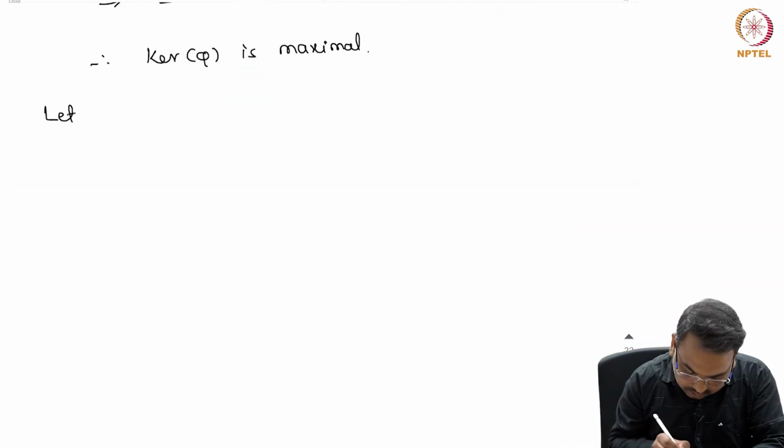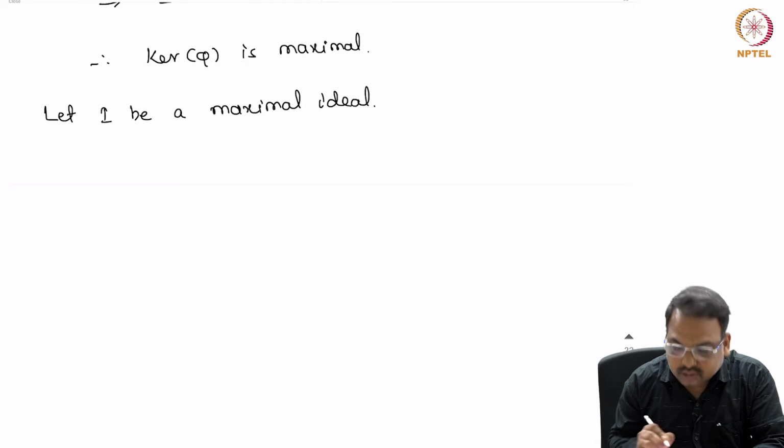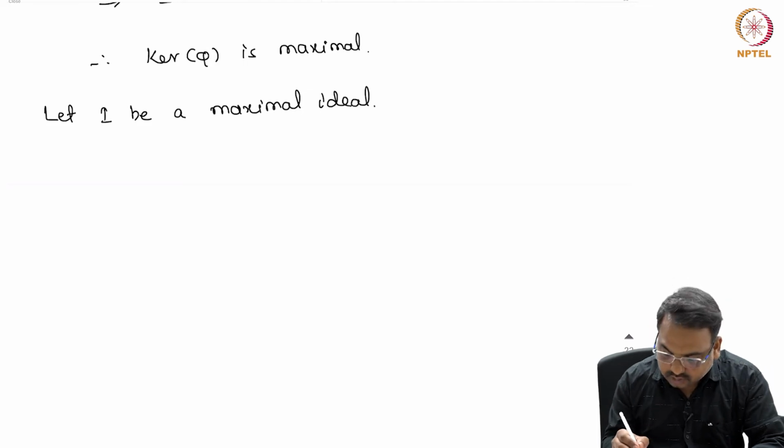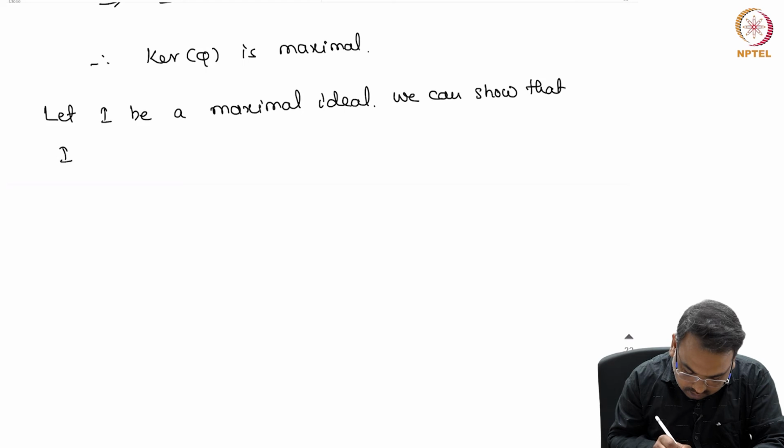Let I be a maximal ideal. We can also show that I closure is also an ideal. We can easily show that I closure is an ideal.